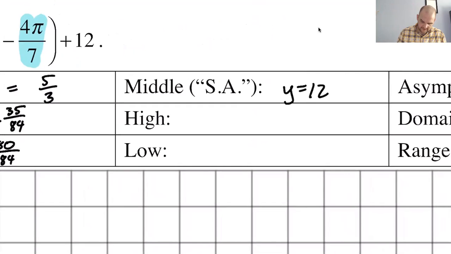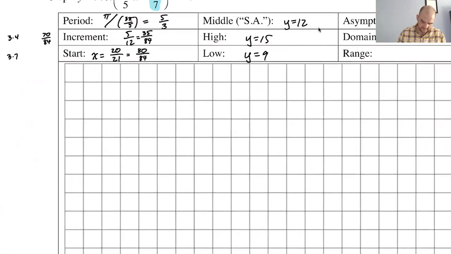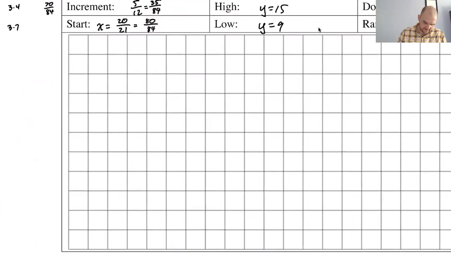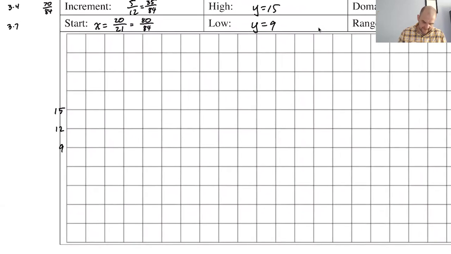So y is 12, and then I can go up 3 to 15. I can go down 3 to 9, and this I think I can space out well. So let's see. It's going to be 15, 12, and 9. And then I think I'm going to move that down 1.